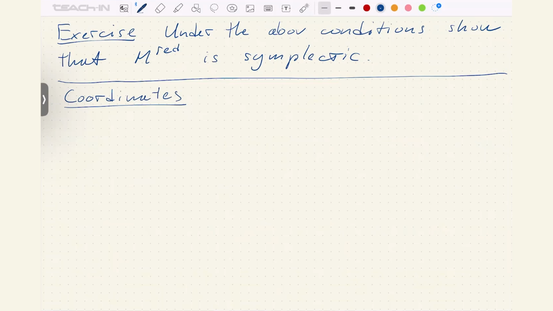Coordinates. What we are really interested in are objects on sigma, right? Because physics sits there. So we already introduced xi, which is a maximal set of functionally independent observables, and because they are functionally independent, we can assume that they form a part of a coordinate system, and let's supplement them with coordinates y alpha, such that these are local coordinates on sigma.